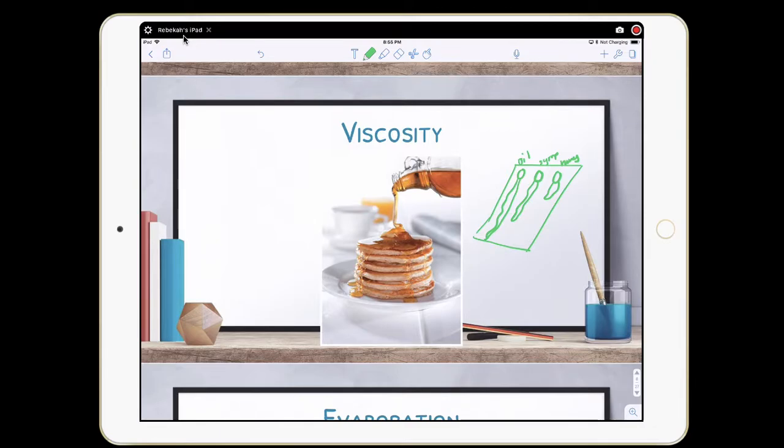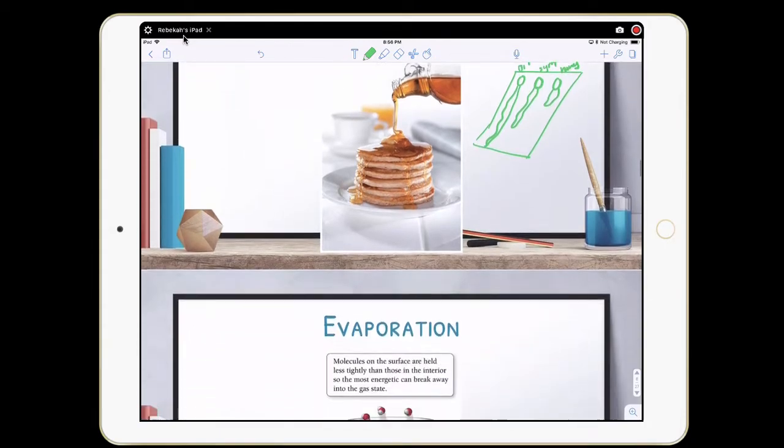The honey might move really quickly through the air, but it's sticking to the bottle, it's sticking to the pancakes, or to your hands or your spoon. So the interaction not only between the particles of the syrup or the honey itself, but between the particles of the syrup and whatever substance it's touching as well, can explain viscosity.